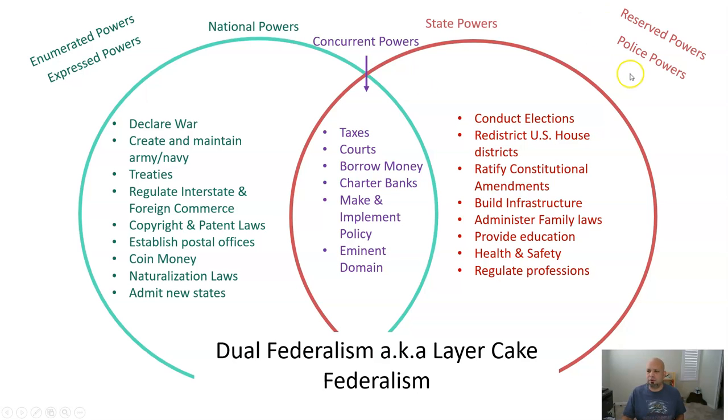So this kind of federalism worked well for that time period because you operated at the local level for most things in your life, and you didn't travel much, and you dealt with your local governments. So this kind of federalism worked very, very well for a long time.